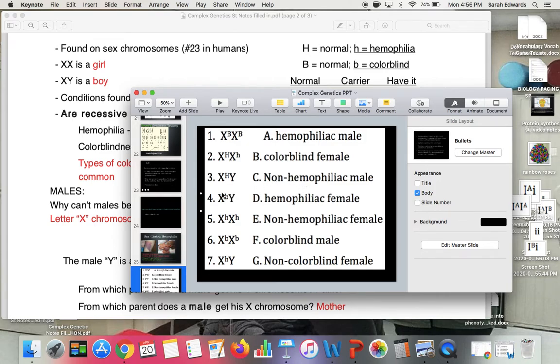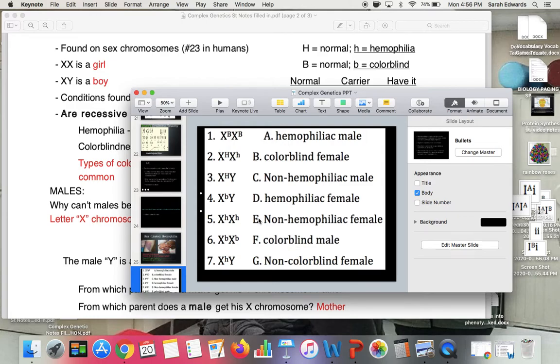What about this person here, number 4? Male or female? Well, it's a male. And the little b, is he normal or is he colorblind? Well, it's recessive. He's colorblind. So this is a colorblind male, and that's going to be letter F.